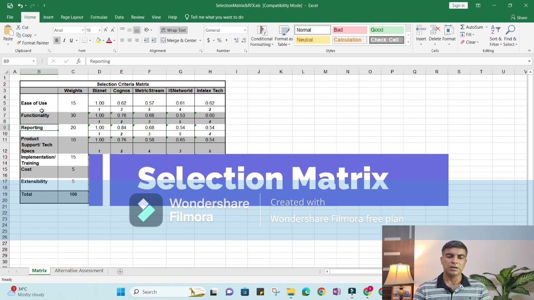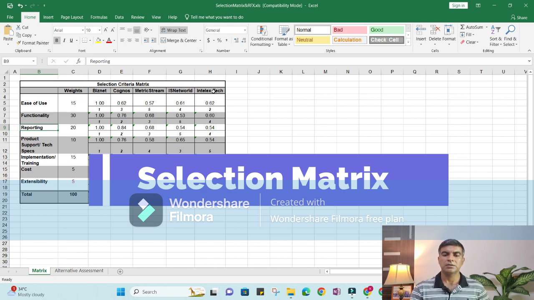So we had 7 criteria that we came up with, and we assigned different weights depending on what the team and stakeholders thought very important for the enterprise.